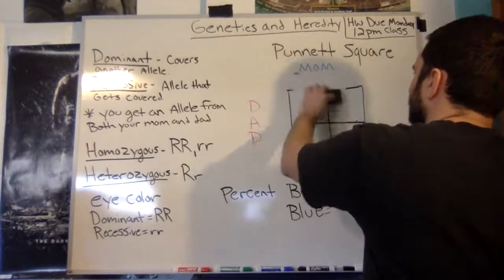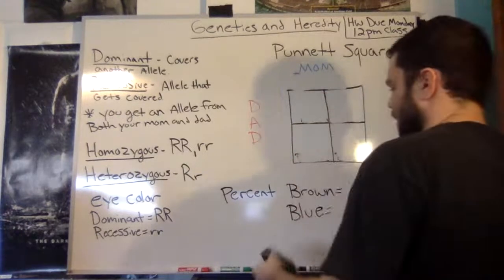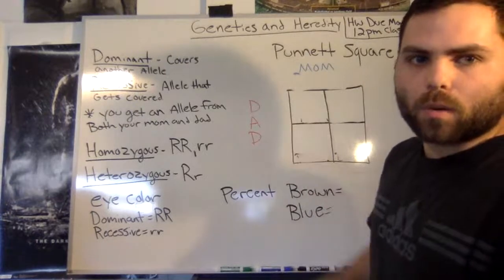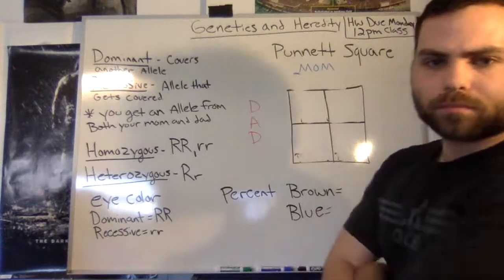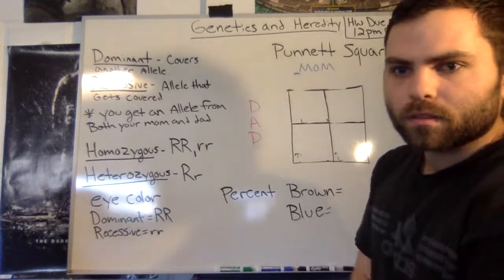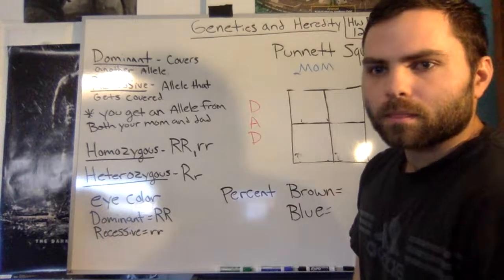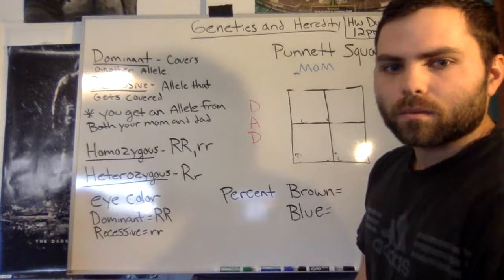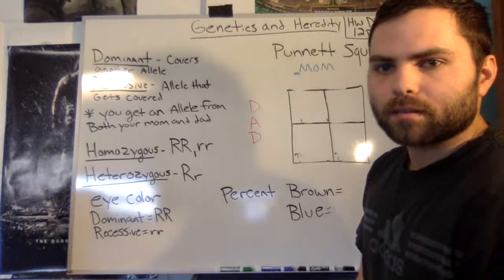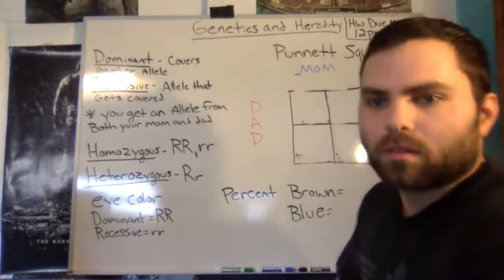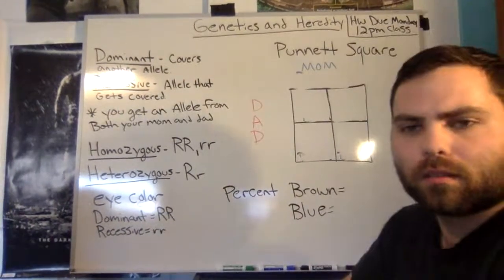So I want you guys to really think about this, okay? If my dad has blue eyes, what am I writing here? Am I writing uppercase or lowercase? Or am I writing one of both? What do you guys think? If my dad has blue eyes, what do you think you're going to write in there?